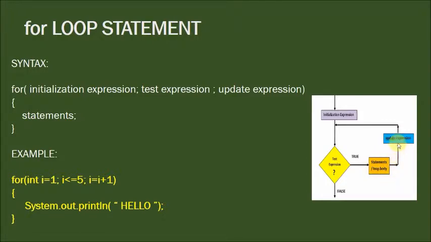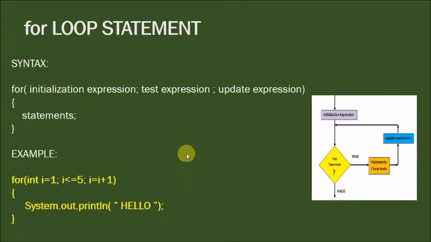After that, the program control goes to the update expression, and after executing the update expression, it again goes to test expression. It checks whether the test expression is true or false. If the test expression is true, again the same set of statements are executed and it again falls on this test expression. But if the test expression is false, the program control goes to the statement following the for loop. So this is how the execution of for loop takes place.